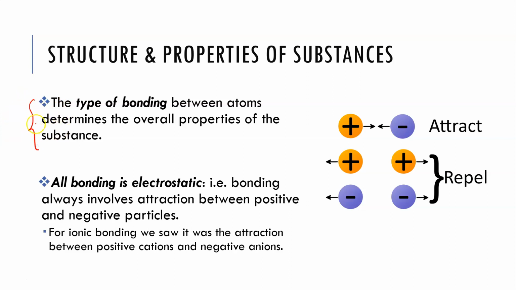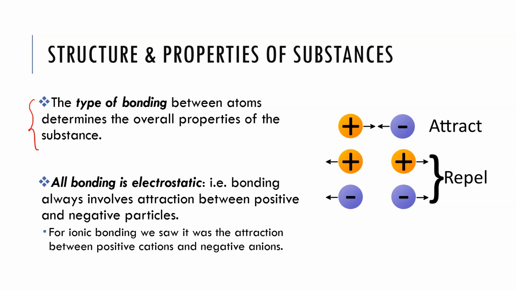Okay, so if we know what type of bonding it has, we can make some predictions straight away as to the type of properties that we would see for the substance if we wanted to use it. So being for a building material or an insulator, whether or not it would be flexible, moldable, those kinds of things. We can start to make predictions as material scientists, which chemists often are, as to how these substances will behave.